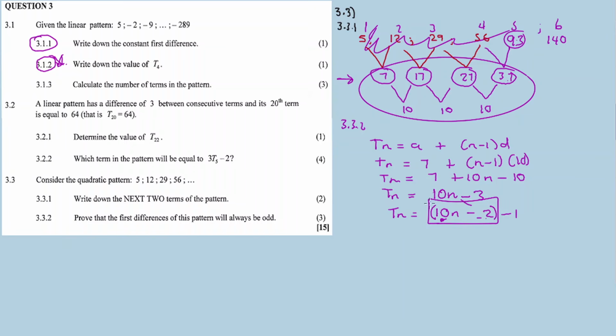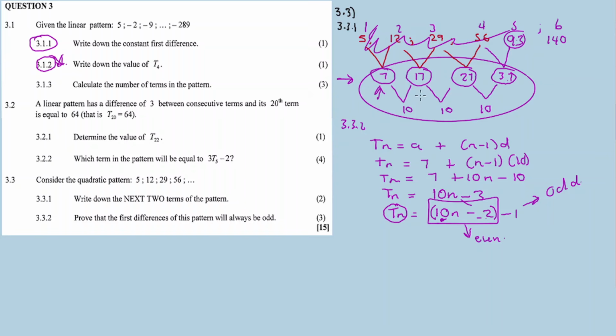So this bracket is even. If I take away 1 from the even number, I am left with an odd number. Taking 1 from this even, I get an odd number. So it means that Tn is an odd number.